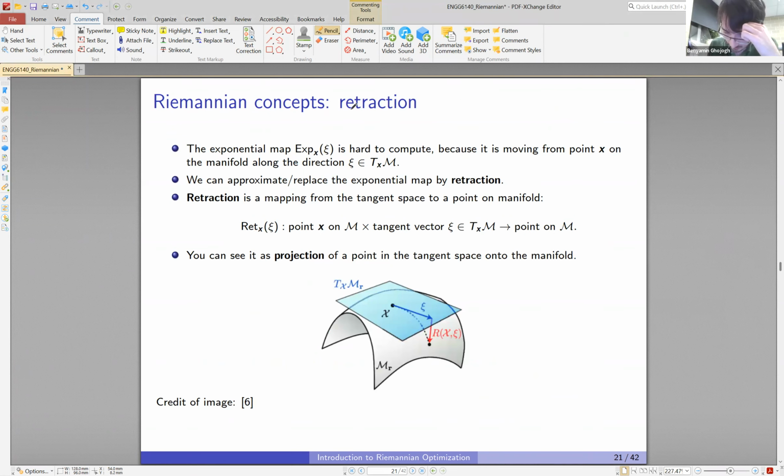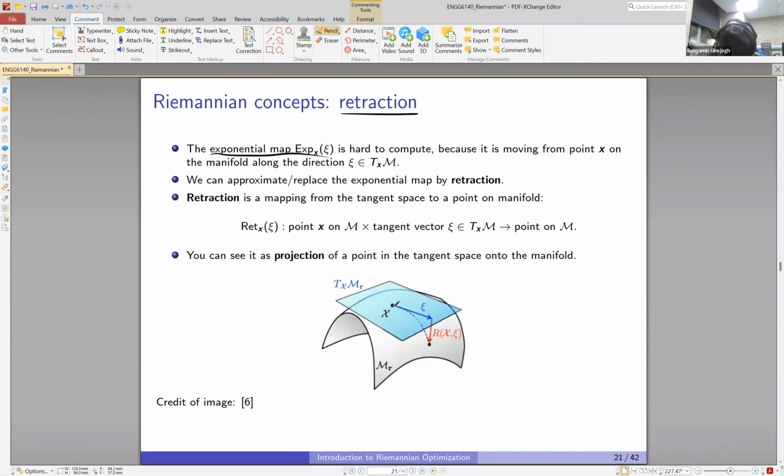Now, some other Riemannian concepts: retraction. Another concept that we are going to talk about is retraction, and what is that? Exponential map, what does it mean? We said that it is like a generalization of addition. Assume this is a manifold.